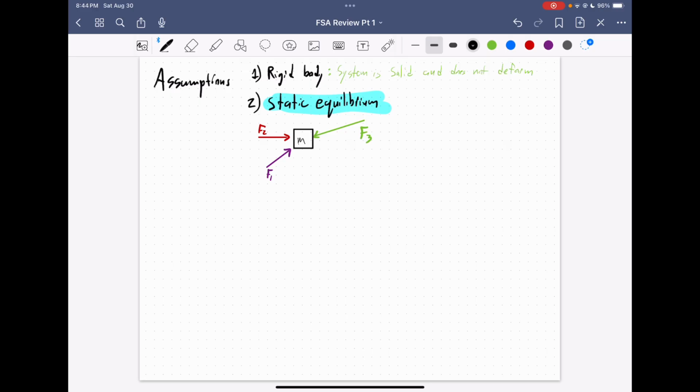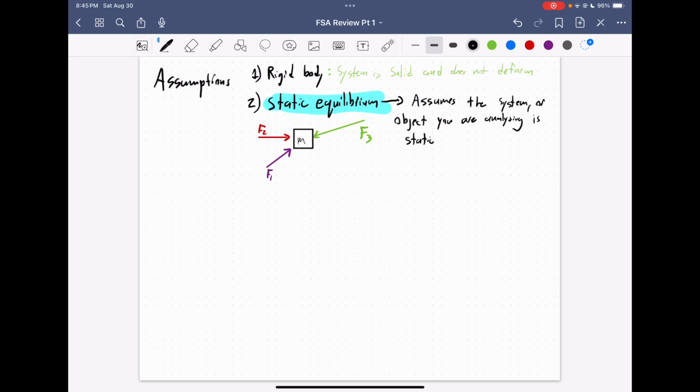Static equilibrium assumes that the system or object you are looking at or analyzing is static.